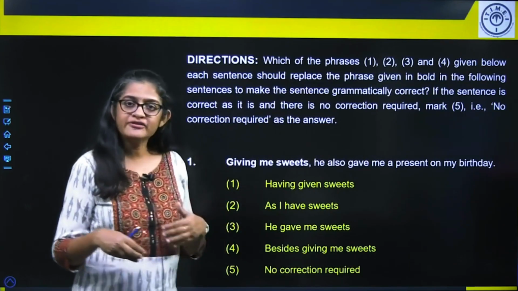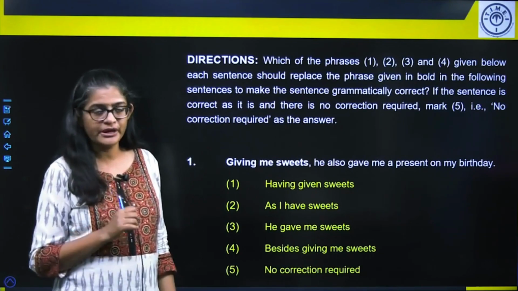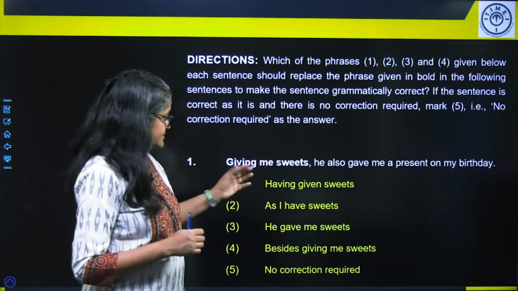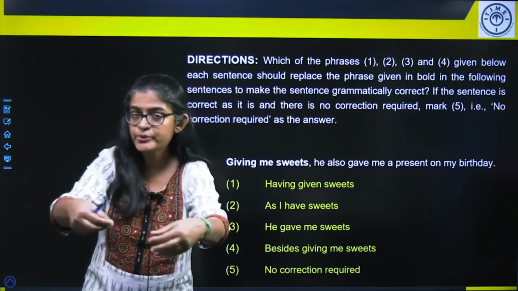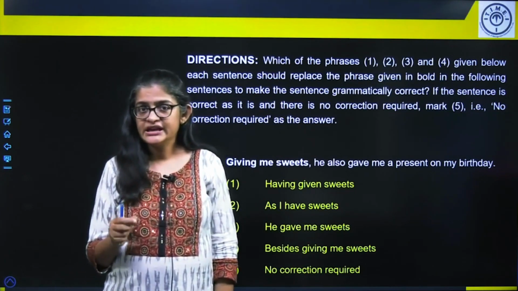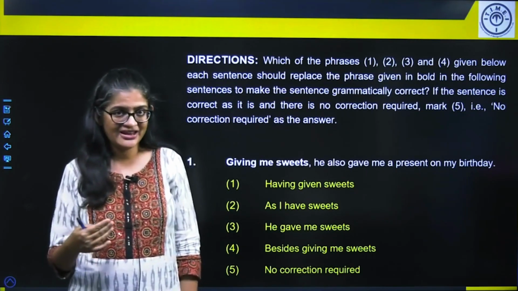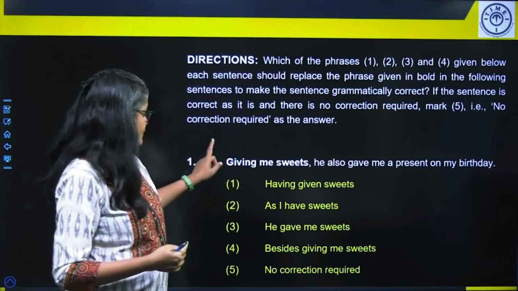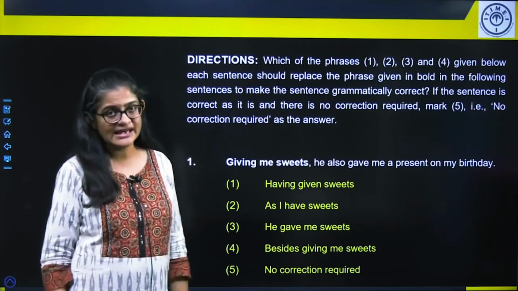Or giving me sweets, he wished me happy birthday, maybe. But giving me sweets, he also gave me a present on my birthday. Can he do both at the same time? No. The implication is he gave you one thing and then he gave the other thing. So this would mean that he did both the acts simultaneously.